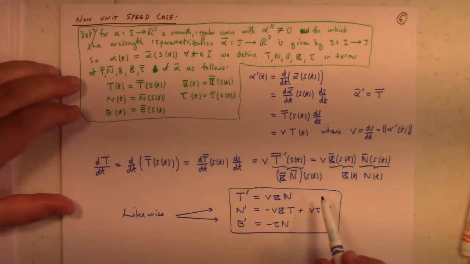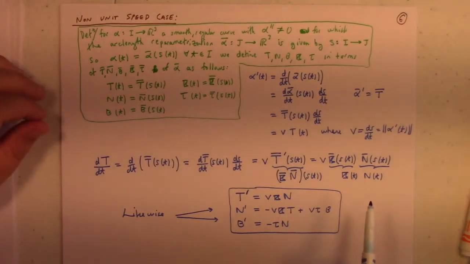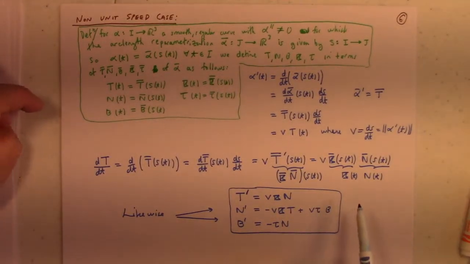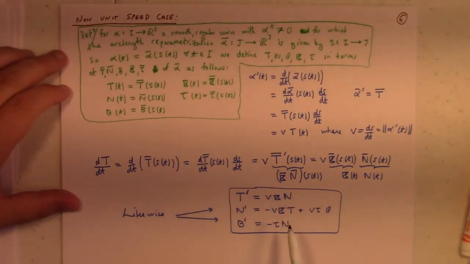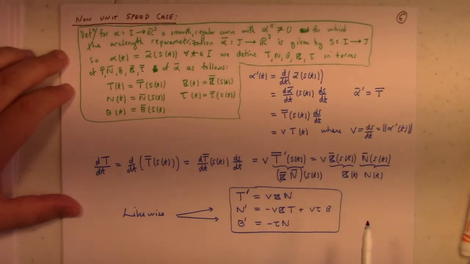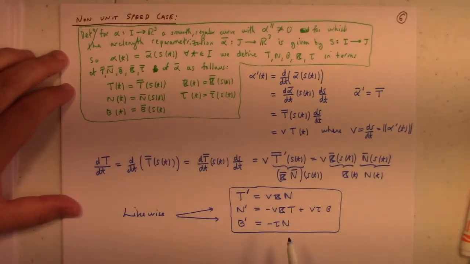Alright, so in particular, you can see that the curvature and the torsion in the non-unit speed case are going to be a little bit differently defined. So let's see how to go at this.